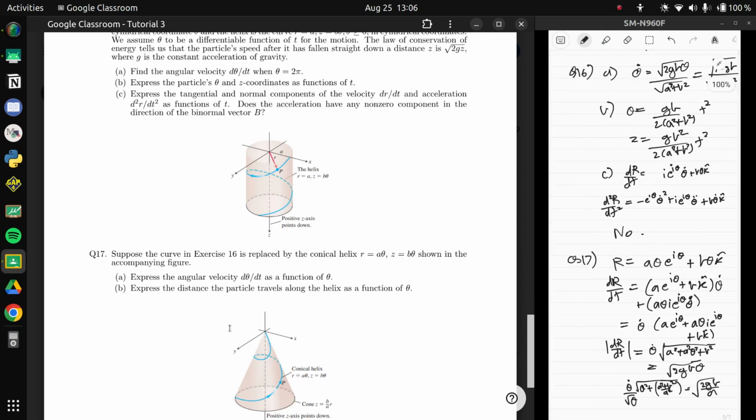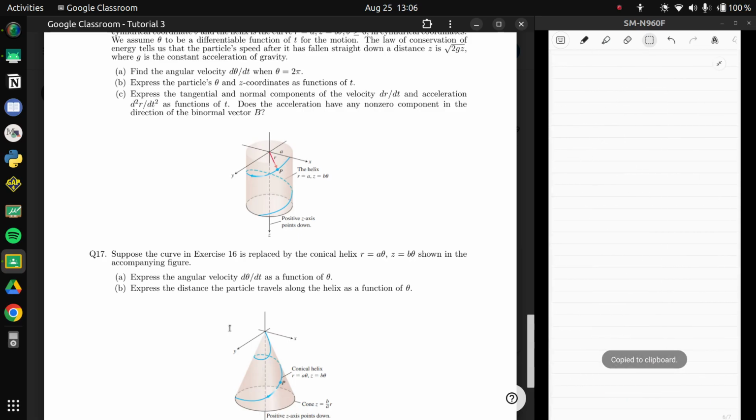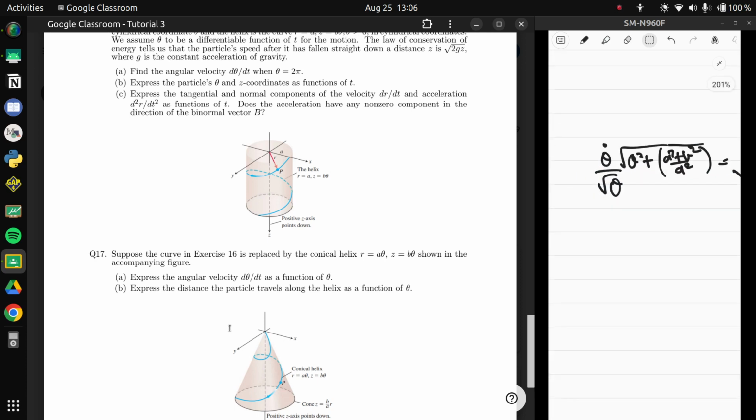Now you want to solve this equation somehow. Have I seen this before? I don't think I have. Anyway, try to think about it. So what you can do is say that theta will just be the square root of the stuff, so it's the square root of 1 plus b²/a².